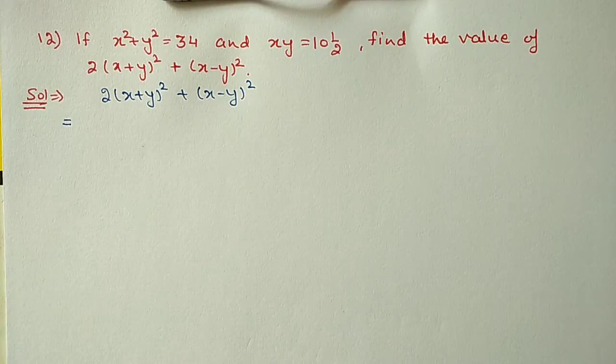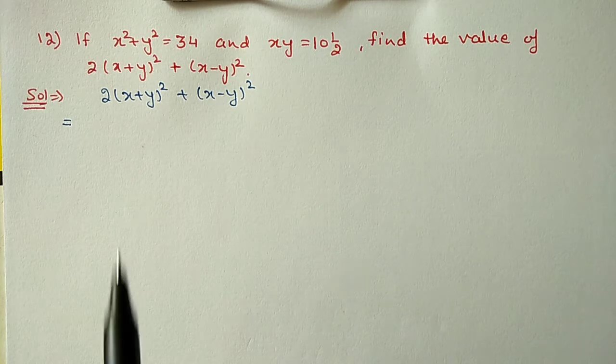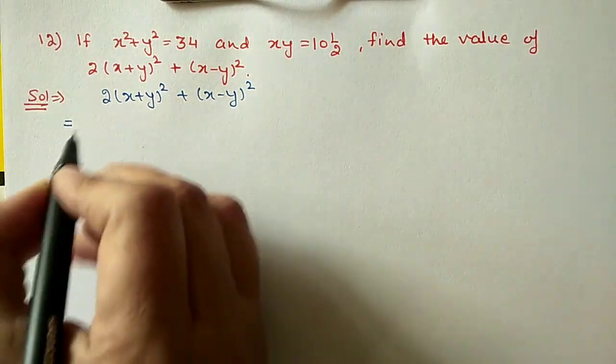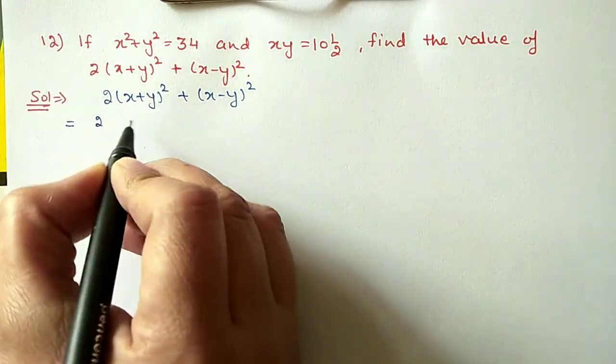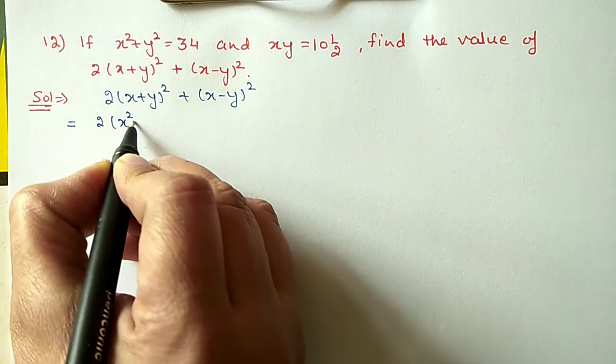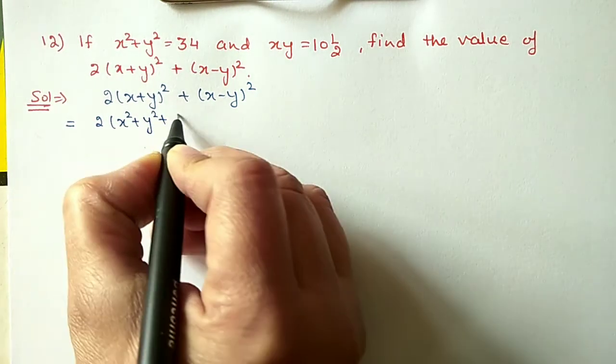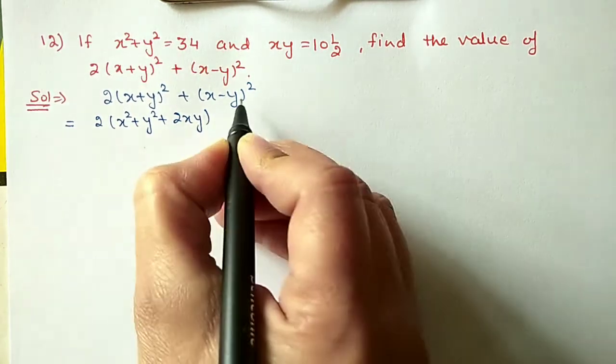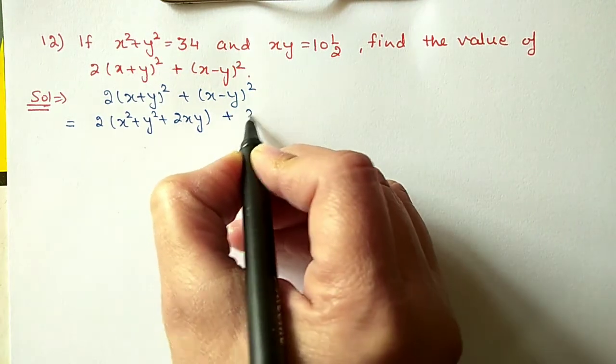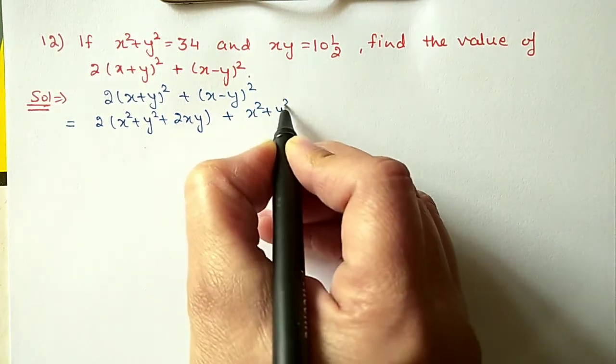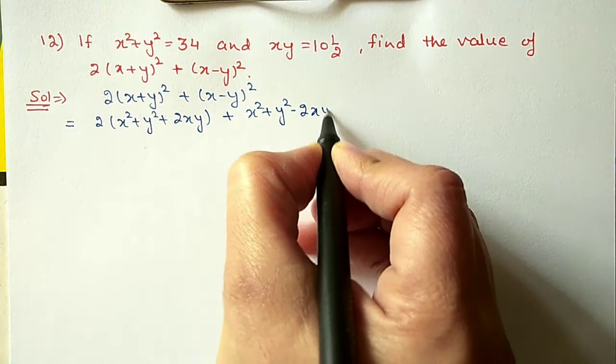Next, question number 12. If x square plus y square equal to 34 and xy is equal to 10 whole number 1 by 2, find the value of 2 times (x plus y) whole square plus (x minus y) whole square. So first we will expand these two formulas. (x plus y) whole square is x square plus y square plus 2xy, and (x minus y) whole square is x square plus y square minus 2xy.